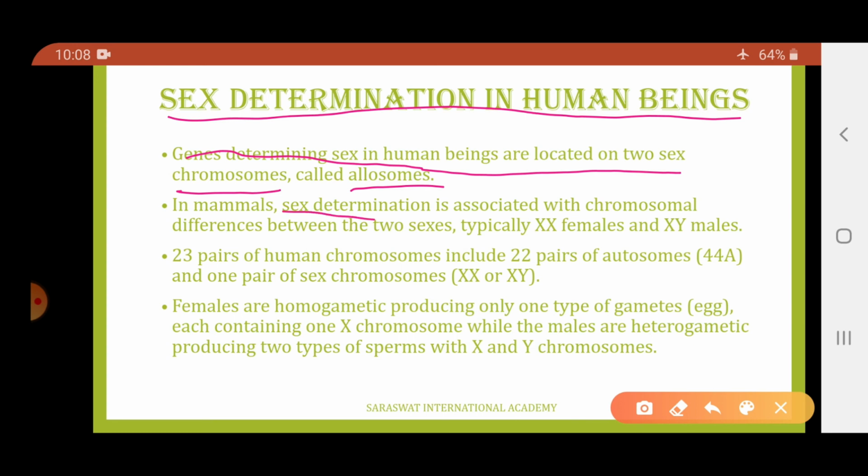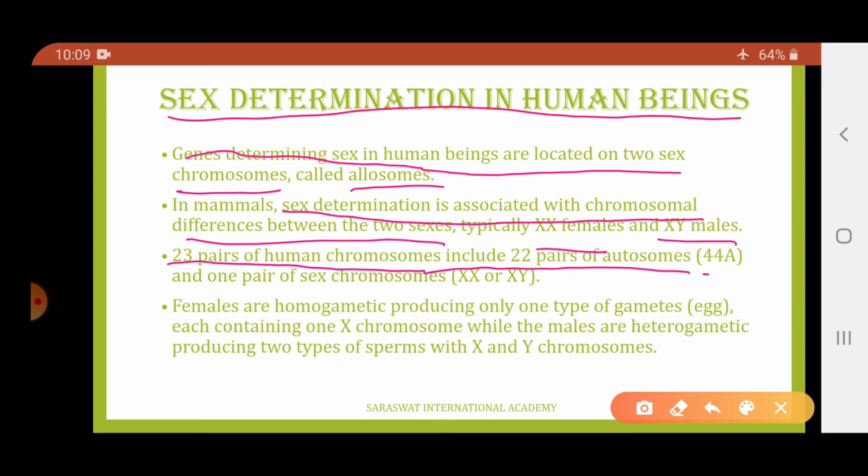In mammals, the sex determination is associated with the chromosomal difference between the two sexes. We have seen that females are XX and males are XY. The 23 pairs in humans include 22 pairs of autosomes, that is 44A, where A indicates autosomes, and 1 pair of sex chromosomes which may be XX or XY.